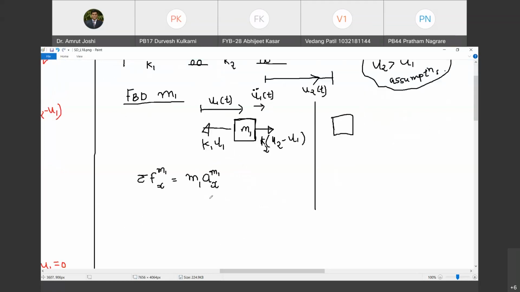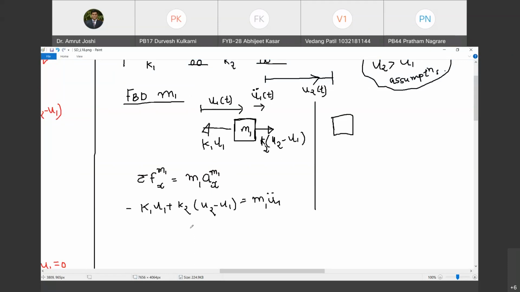Do you agree with me? So what is the summation? Tell me. Minus K1 u1, plus K2 into U2 minus U1. This must be equal to M1 into U1 double dot of T.